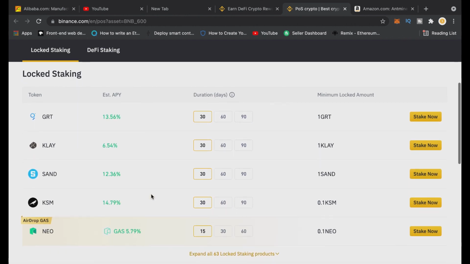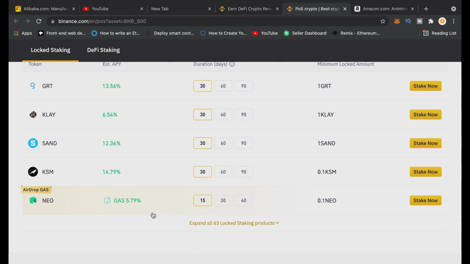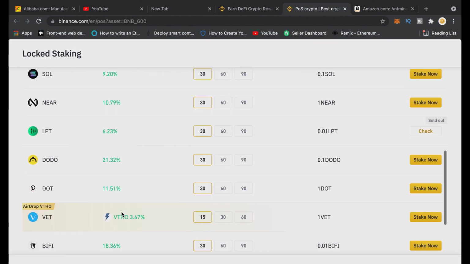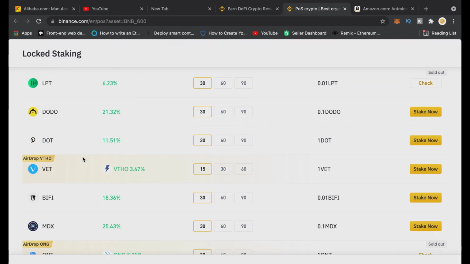There are a lot of tokens here, so you can just take any one you wish. Dodo, Polkadot.